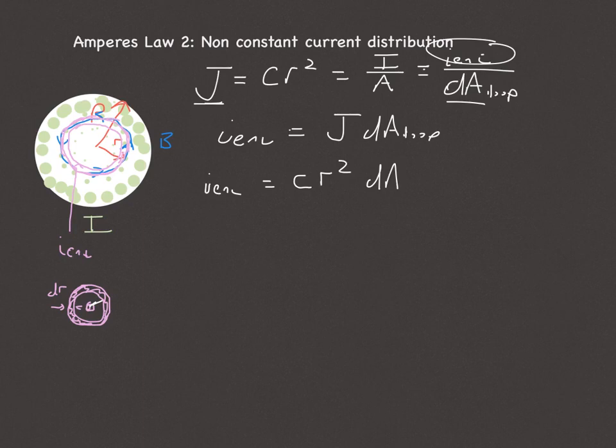And here we're going to have the dA of the loop. Now that little area there is going to be equal to, if we cut that and rolled that out, a length of 2 pi r at any radius times this thickness dr. So that area is going to be the length, which is 2 pi r, dr.